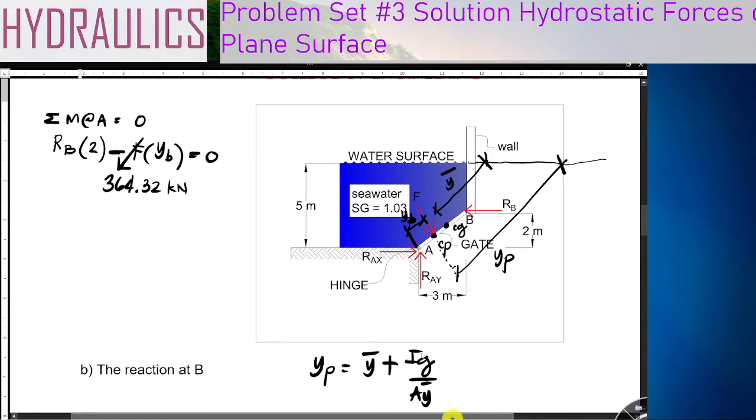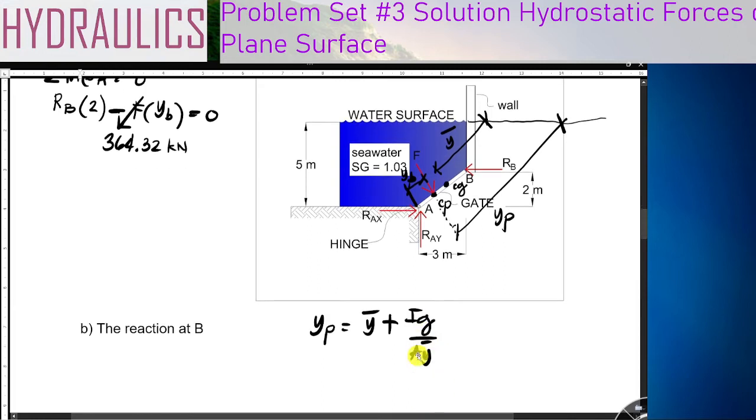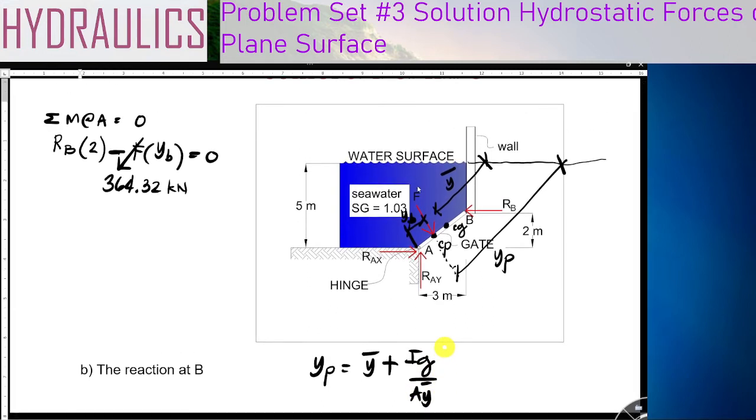Now, this I_G over A Y bar is also known as our eccentricity, E, this part. Did you see the resemblance? Eccentricity plus Y bar is equal to Y sub P. Where does it come from? The eccentricity, the distance from the center of pressure to the center of gravity, that is E, plus Y bar.